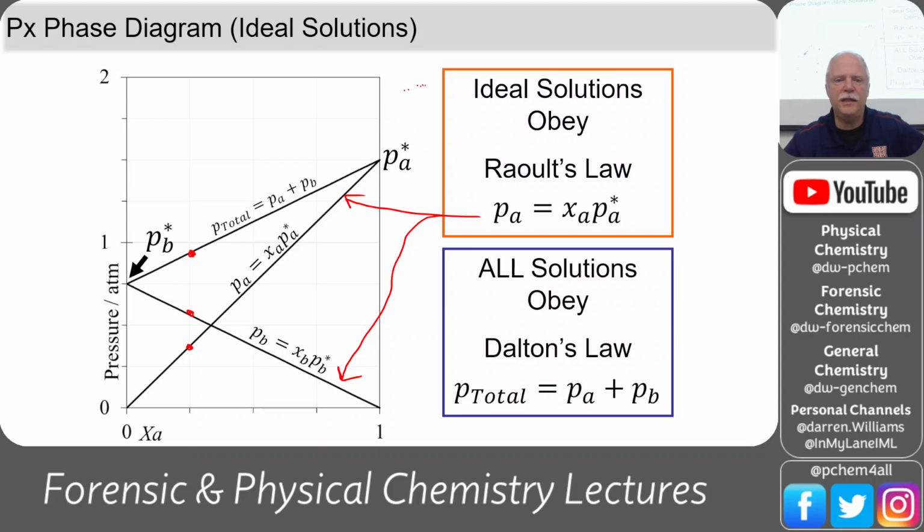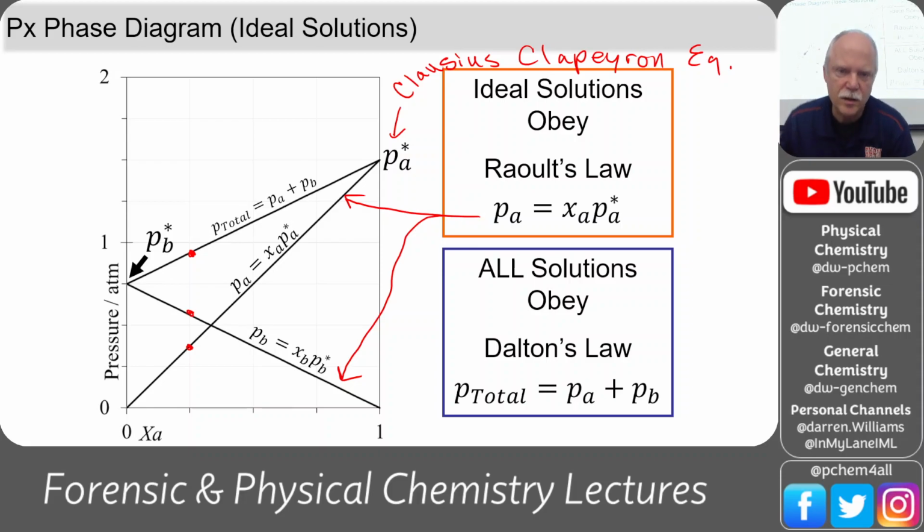Now this is a pretty easy assumption. So this P star comes from the Clausius-Clapeyron equation. So that would be the pure vapor pressure of A at a given temperature.